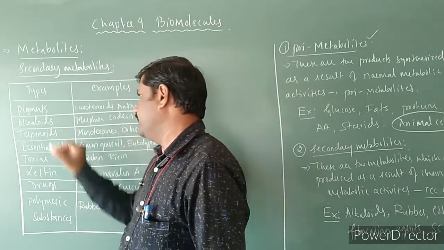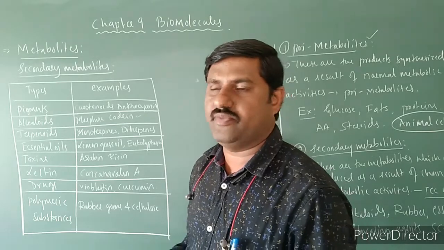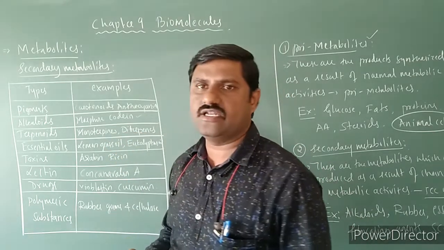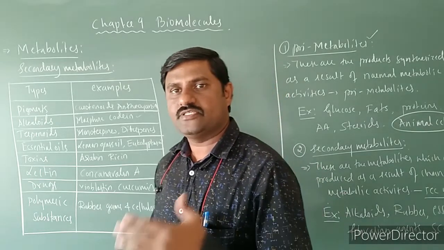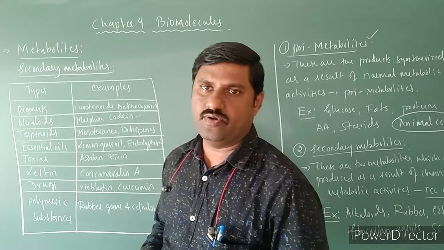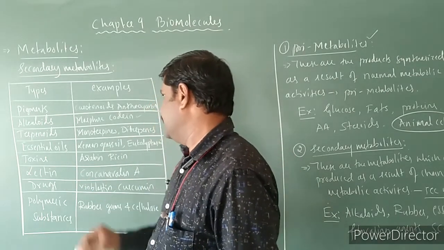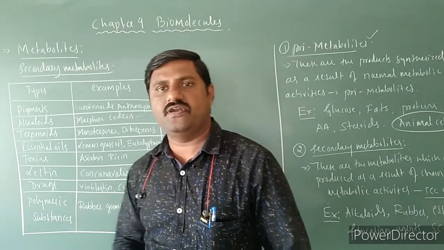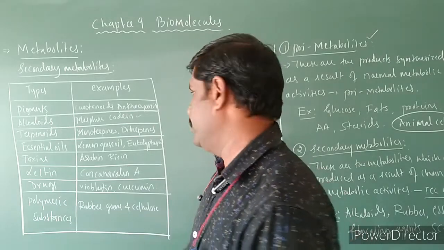Next one, terpenoids. Some terpenoids are also secondary metabolites, like monoterpenes and diterpenes, which are produced as a result of altered metabolic activities. Next one, essential oils: lemongrass oil, eucalyptus oil. These are different types of oils which act as secondary metabolites.